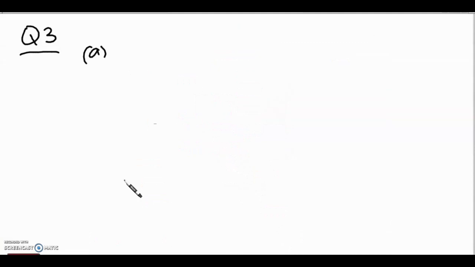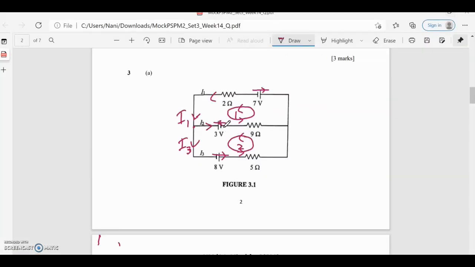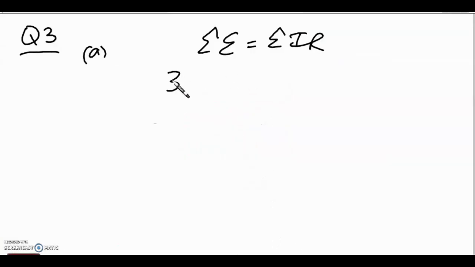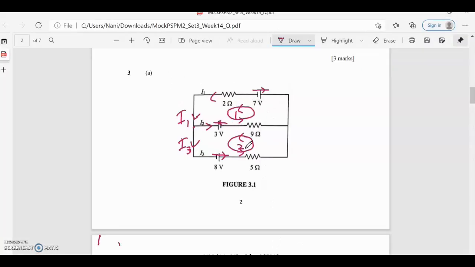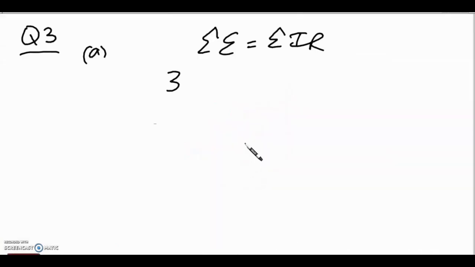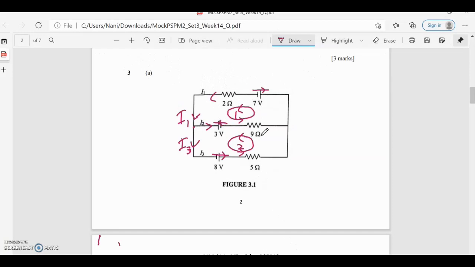Okay, so for the third equation, the EMF of 3 volt is the same direction as the loop, so that means it's positive. Let's write it as positive 3. And the other one, 8 volt, is also the same direction as the loop, so we make it positive 8. And then the 9 ohm resistor has the current I2.